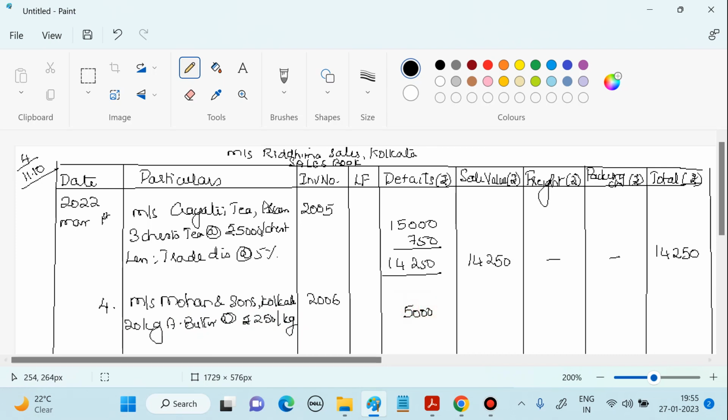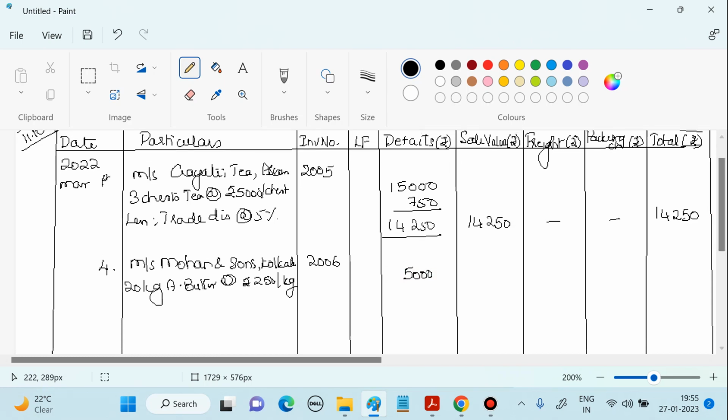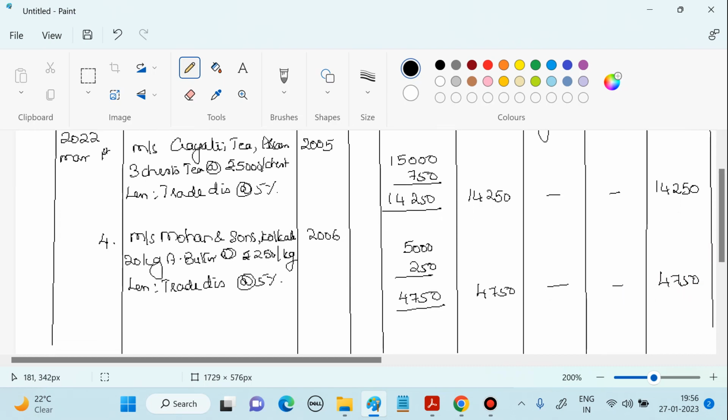Less trade discount, again 5%. 5% would be 250. So 4,750. So what's the sale value? 4,750. No expenses. So that amount only is going to go to the Mohan and Sons account in the ledger. Got it? So far? Yes, ma'am.